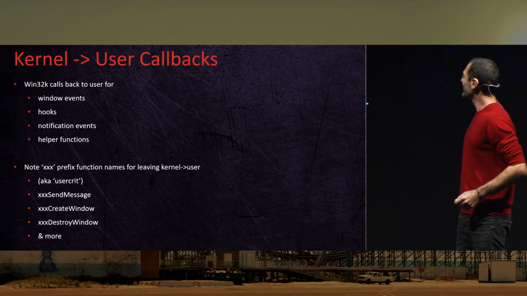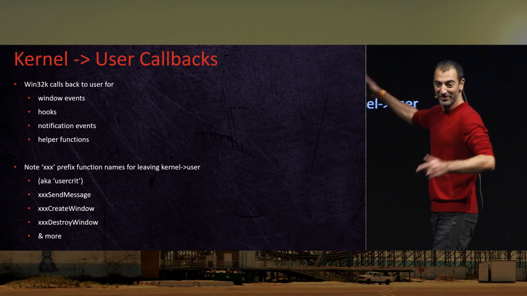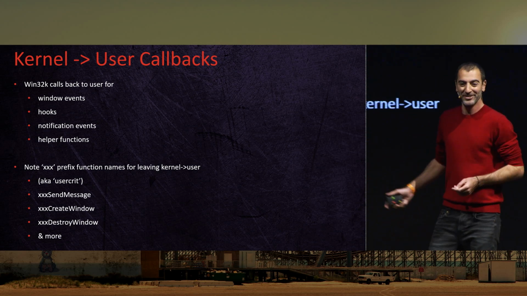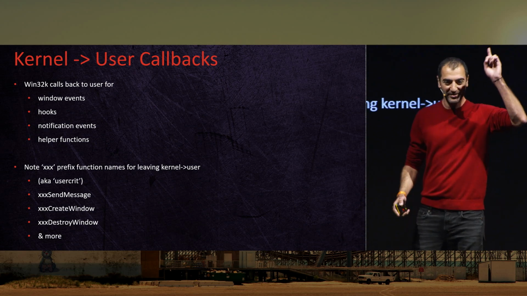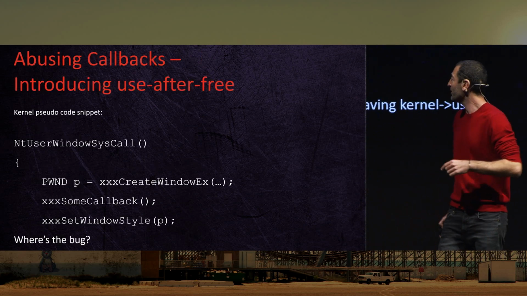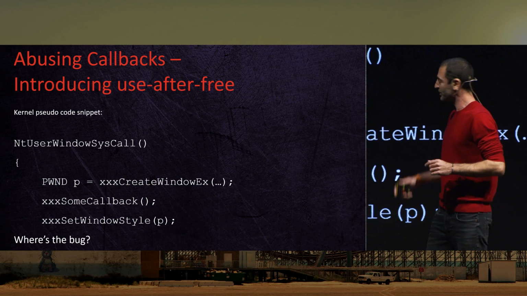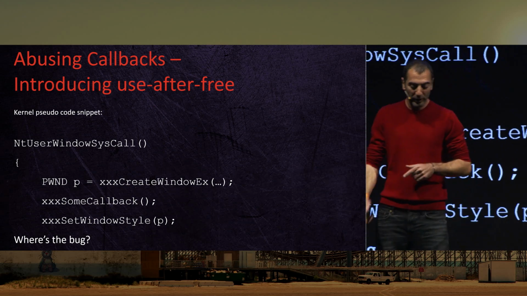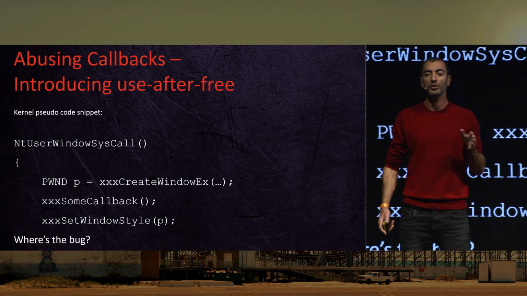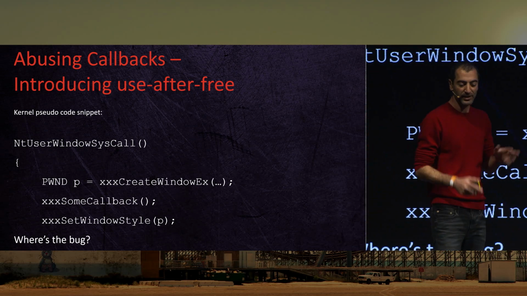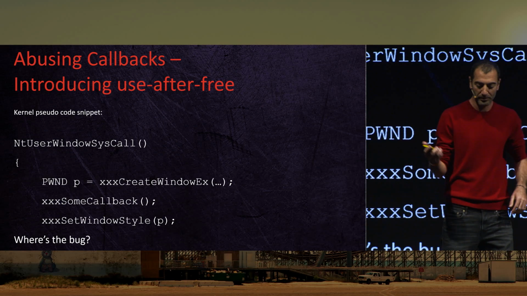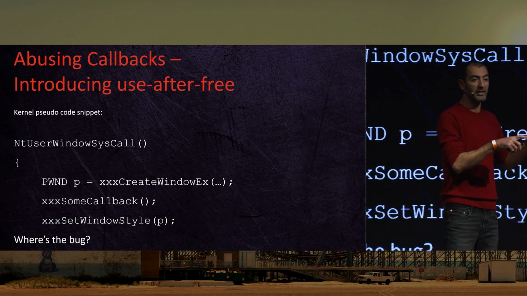Amazing. OK, so all the callbacks to user mode, good thing. And then the XXX. So we said XXX goes back to user mode, OK? Good. Now I'm with you. So in this example, what we are doing here is to show you a syscall from user mode calling the kernel, and then we create a window, and then we call XXX.